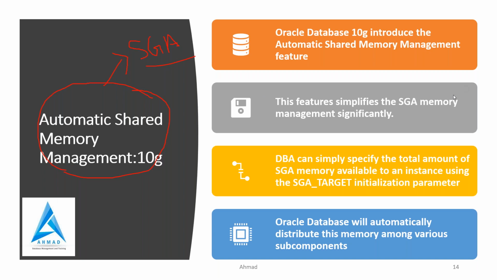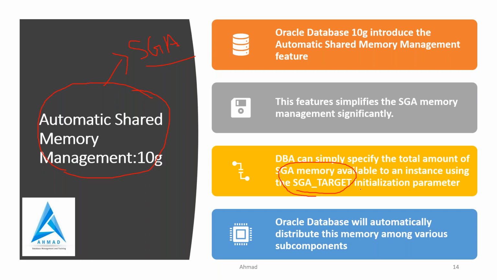How to check the granule size from the V$ views, Rohit? There is a column where you can check the granule size of your database. Good question. And there is a parameter added for automatic memory management: SGA_TARGET.